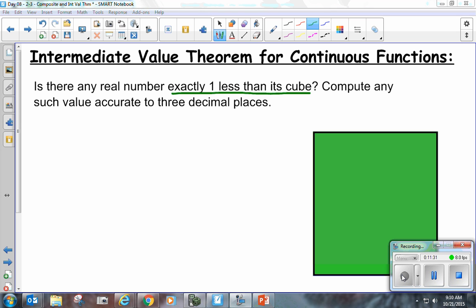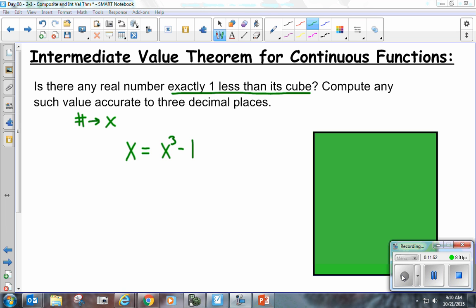Well, is there any number, let's call that number x, okay? Is there any number that is exactly 1 less than its cube? That means if I were to cube it and subtract 1, it would be equal. Okay? So all I'm going to do is get everything on one side set equal to 0 and solve.